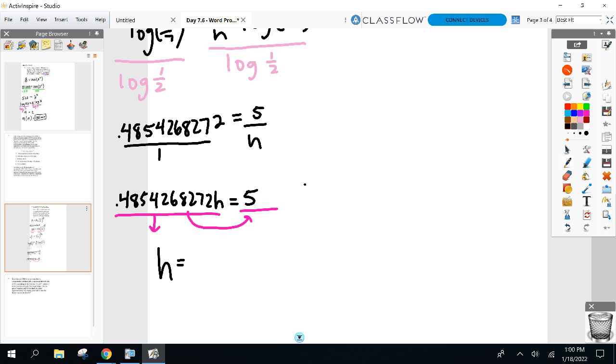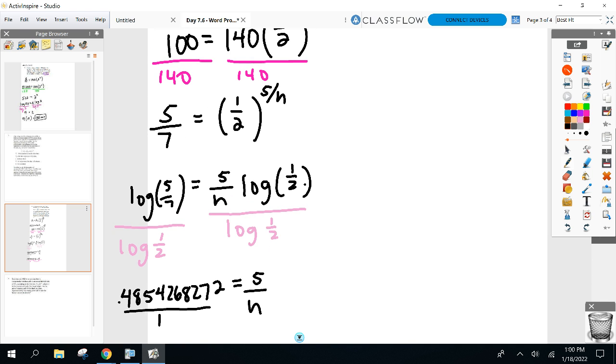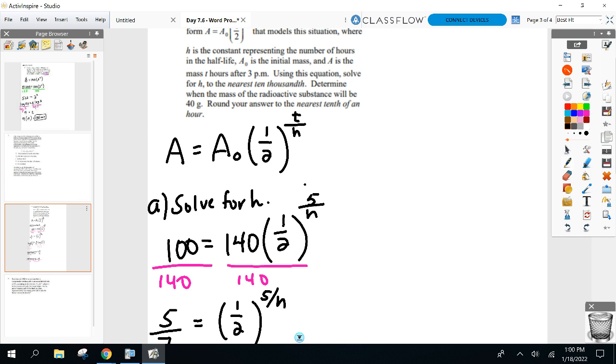Oh, and you thought you were in the clear after that. But he's making it even more painful by those rounding directions. Round h to the nearest 10,000th. How many numbers would you have after the decimal for 1,000? 3. So now 10,000, 4 numbers after the decimal.